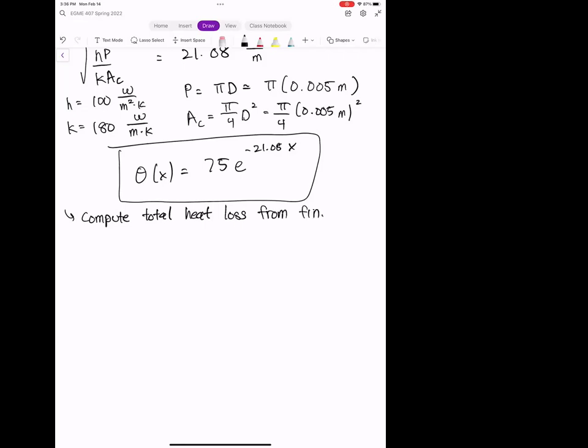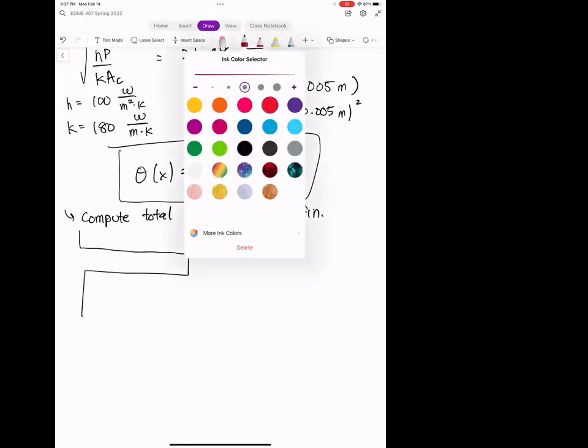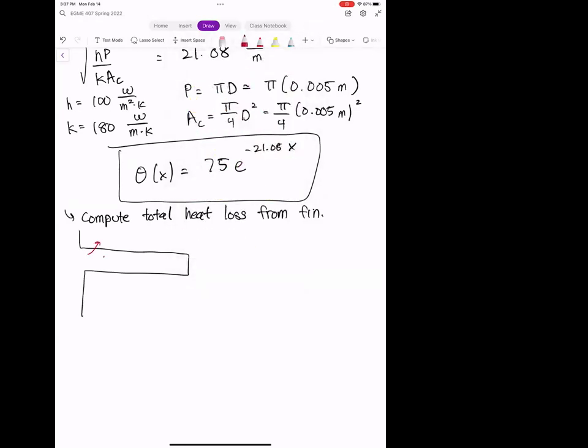In other words, we want a quantification for how much heat this fin is offloading to the fluid. Okay. And so we have our fin that looks like this. And we want to compute the total amount of heat that gets lost, right? And so the total amount of convection heat loss that comes off from the outsides, okay? Both from the lateral surface and from the tip.